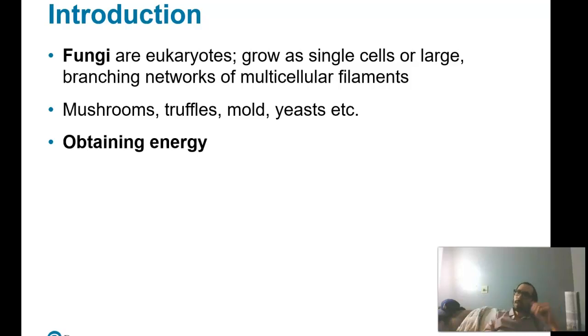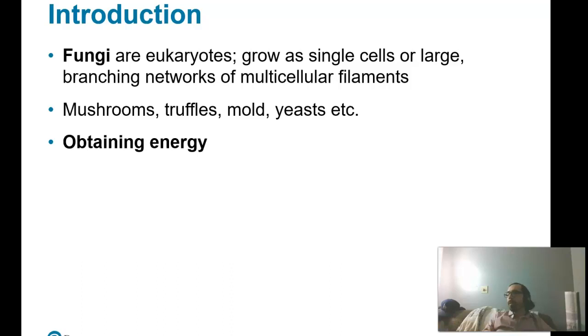In exchange, the fungi provide the plant with the ability to obtain water, nitrogen, phosphorus, or any of those nutrients that the plant needs to grow. Those would be examples of mutualistic relationships.